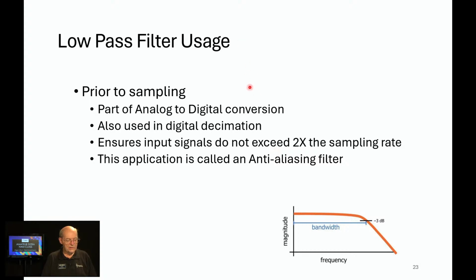So a low-pass filter will keep those higher frequencies from coming in. So if we're wanting to listen to 20 meters, you don't want 15 and 10 interfering with the output. In this application, again, it's an anti-aliasing filter.